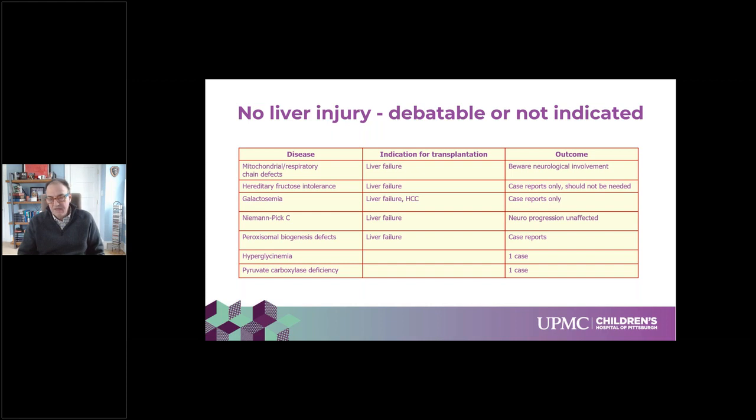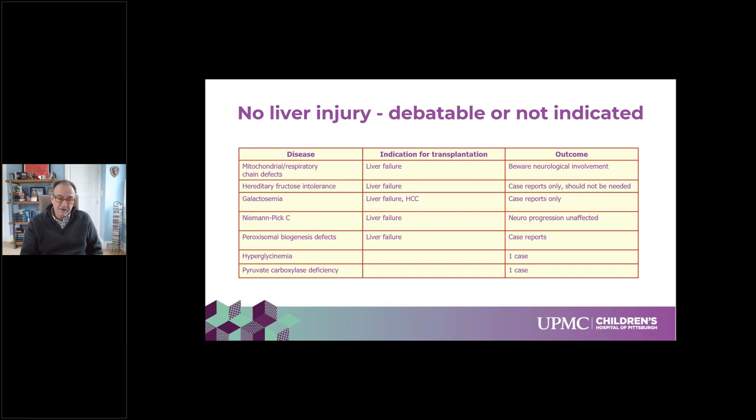And in Niemann-Pick C, liver transplantation does not prevent the neurological progression. However, that neurological progression may be delayed by 10 or 15 years from infant liver failure, and so it is definitely debatable as to whether liver transplantation may be used as an option. Certainly there are many older adults who undergo liver transplantation without an expectation of 10-year survival.